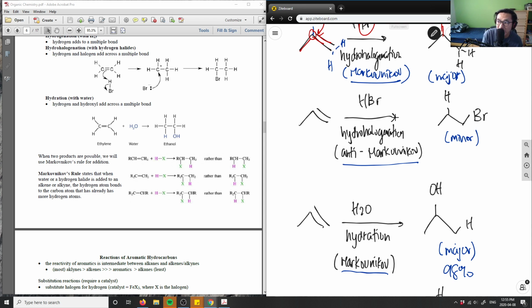What I'm going to do is I'm going to do HBr, and then the reagent here will also be HOOH. So this here is hydrogen peroxide, and this forces it to go minor, so forces it to go anti-Markovnikov. So that's just a little note about that as well.